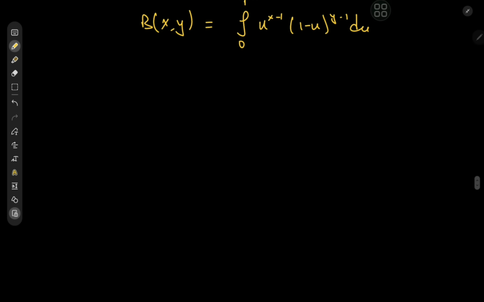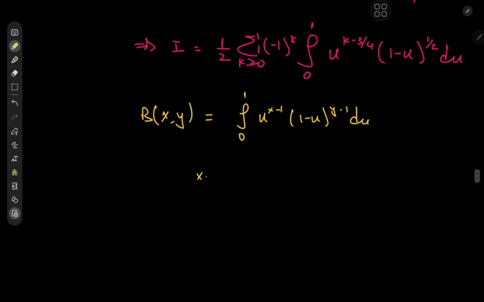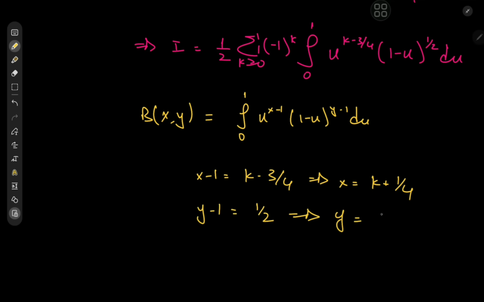So on comparing the exponents, we do indeed have x minus 1 equal to k minus 3/4, which implies that x equals k plus 1/4, and we have y minus 1 equal to 1/2, which implies that y equals, well, 3/2.